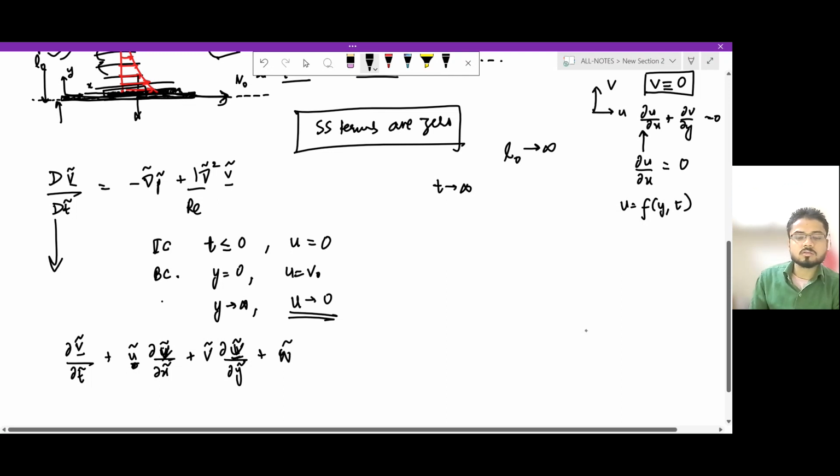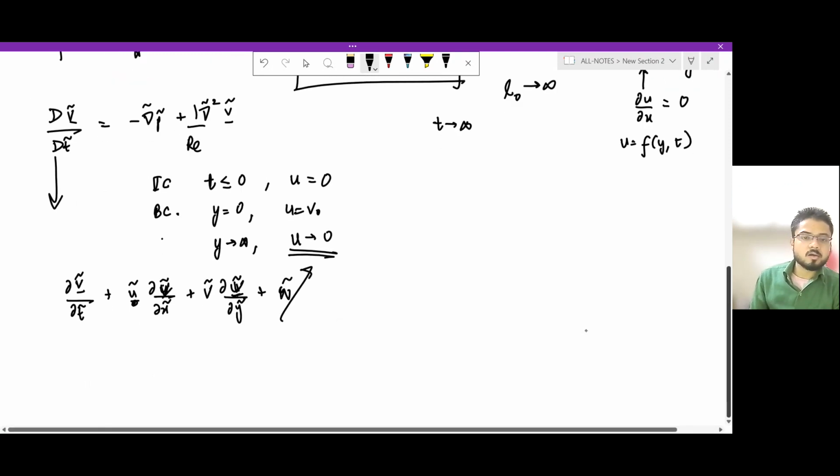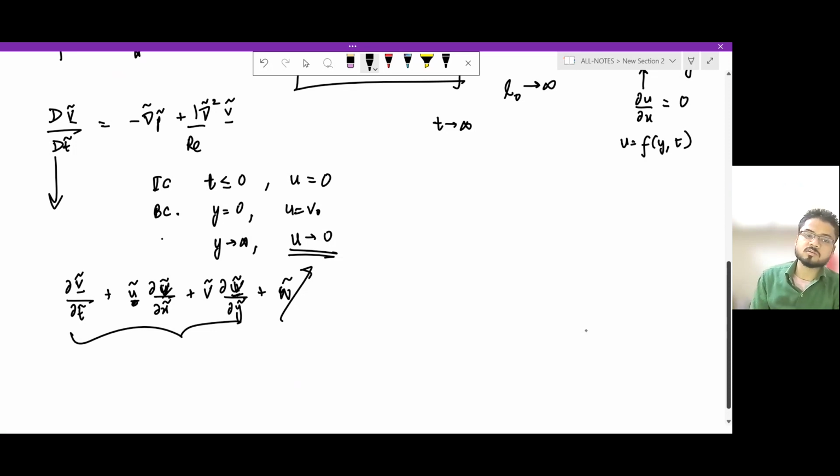W is for the z coordinate, but since that's 0, let's neglect it for now. We're just expanding it for better clarity on what's going on inside. Now this is effectively 2 equations in a single system of representation.